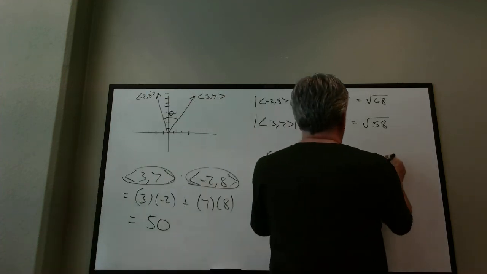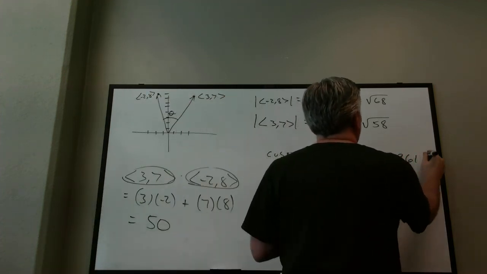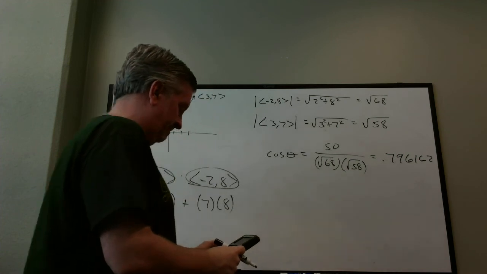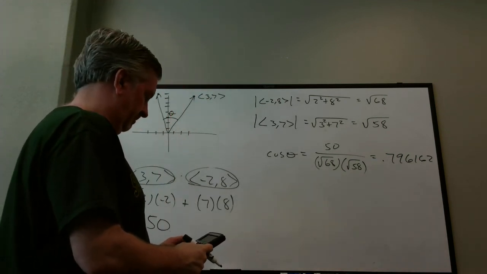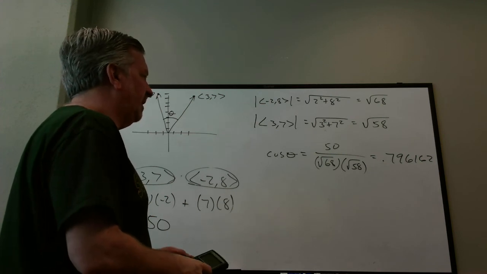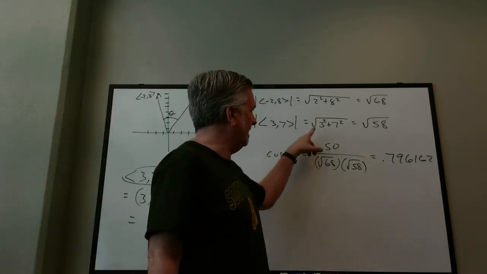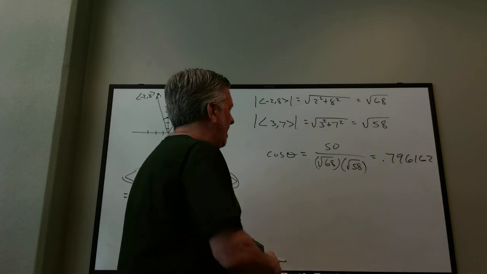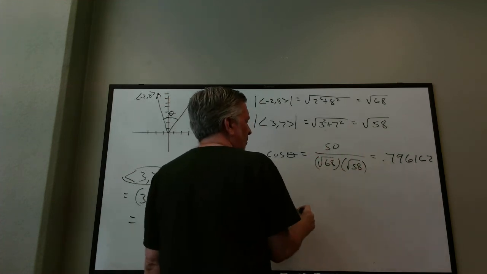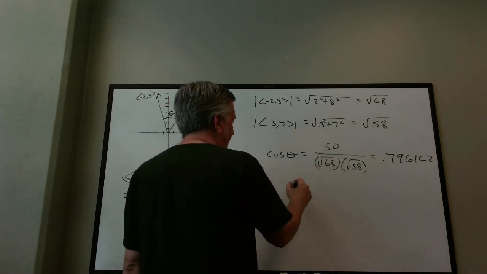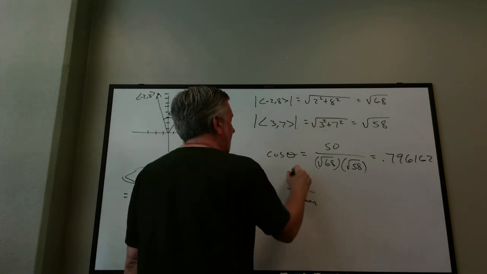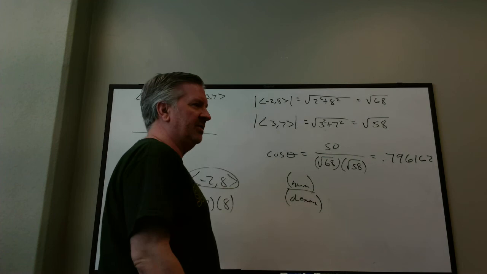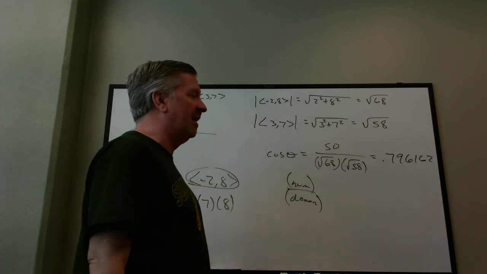I got about 0.796162. Okay, so one thing you have to be careful of, if you want to type this whole thing in one step, you have to put the entire denominator in parentheses. It's a good habit whenever you have a fraction, with a numerator over a denominator, to put it all in parentheses. You don't need the 50 in parentheses here, but it's a good habit.